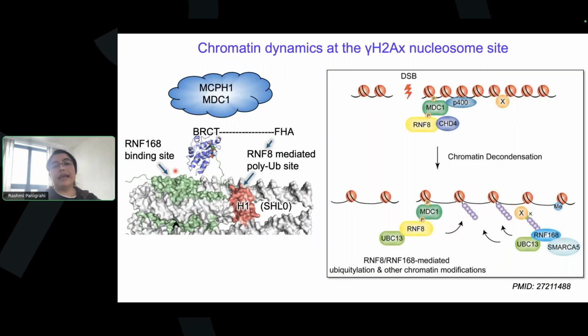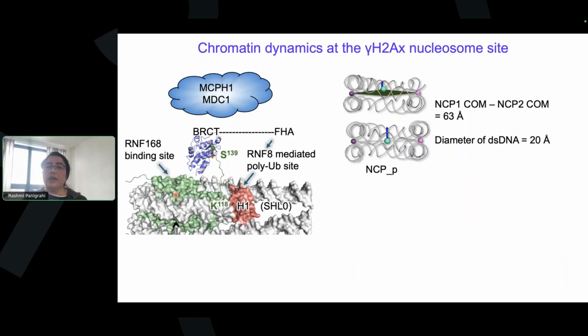That means the BRCT, which does not have any charge-based interaction with the negatively charged acidic patch, also will not hinder the binding of RNF168, because this is its business end.